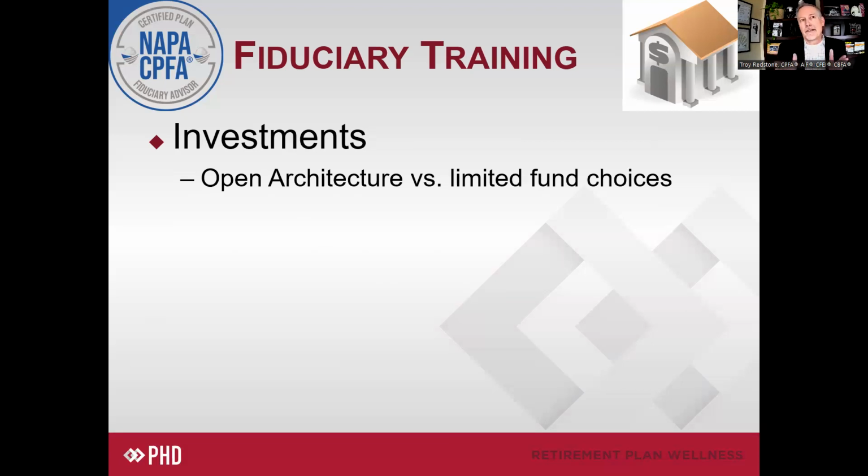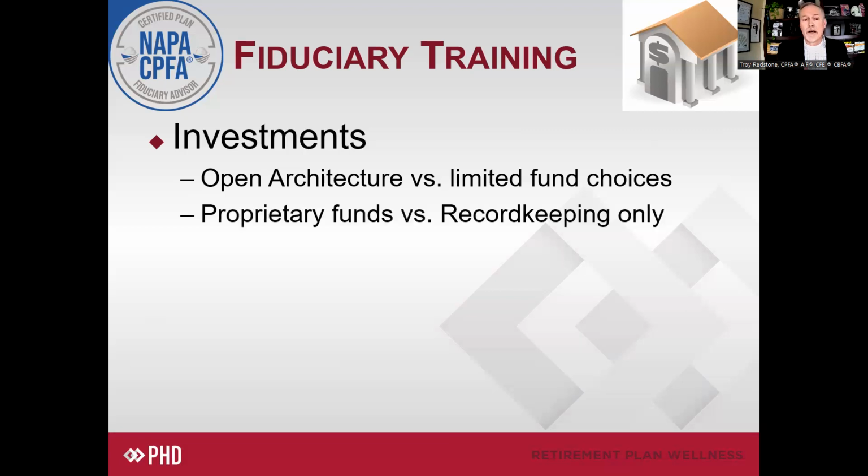They only allow you to see investments that those companies have paid to be on the platform. So that's a huge differentiator when you're evaluating. And as a plan fiduciary, we have to evaluate whether it's the best investment lineup for the employees. Are they completely open architecture? We can choose any fund in the universe, or is it a limited fund choice? That's a really important distinction.